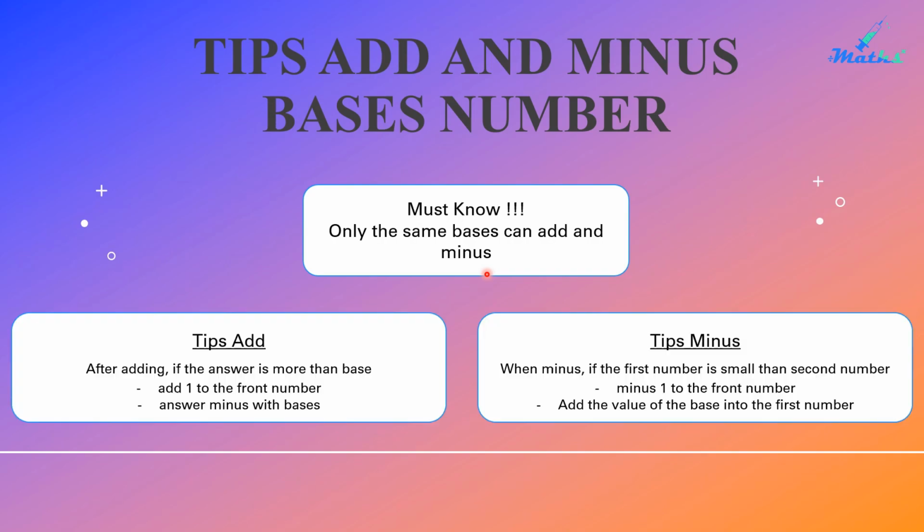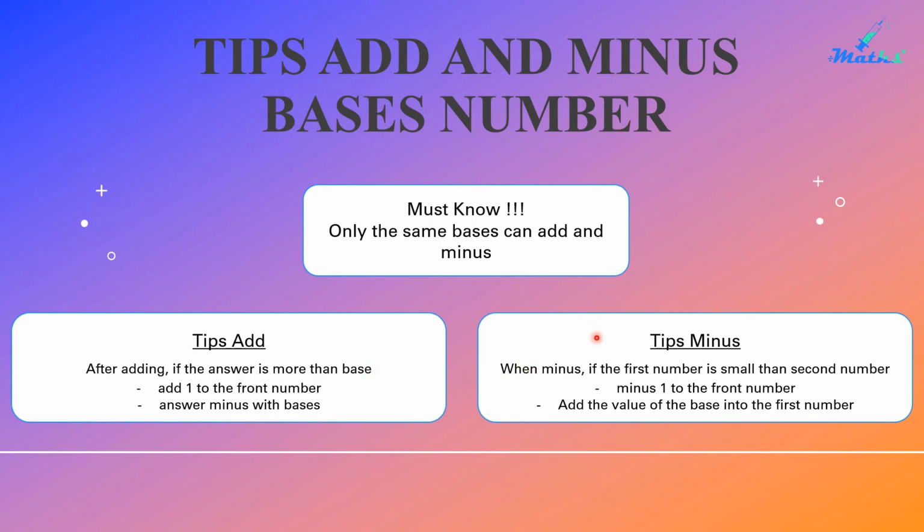After that are the tips. The tip for the add part is: after adding, if the answer is more than the base, you will add 1 to the front number and the answer needs to minus with the base number.